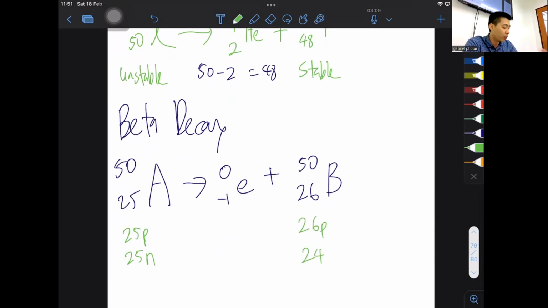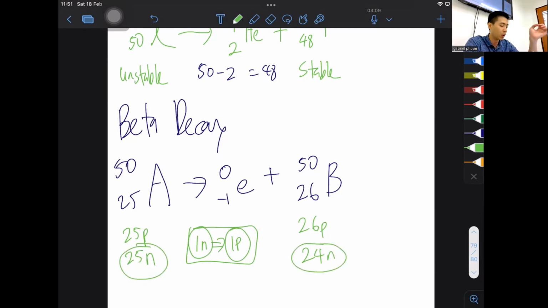So essentially, what really happens here is that one neutron converts into one proton. That's what we call the beta decay. Sometimes in your exam, you have to know this as well. A beta decay is literally one neutron converting into one proton. As you can see, just now it was 25, and 25 now becomes 24. Where did that one go? It became the extra one proton on top here, guys.